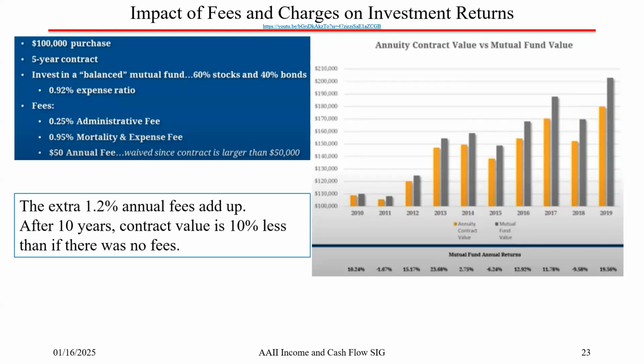So the extra 1.2% annual fee, which is how you add up the first two things in the fees, 0.25% plus 0.95%, you get this 1.2% annual fee. After 10 years, the contract value is 10% less than if there was no charge. So it all adds up.